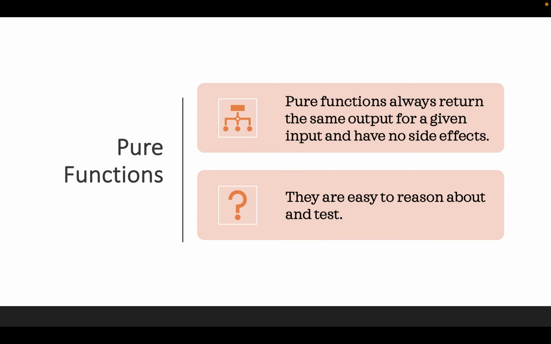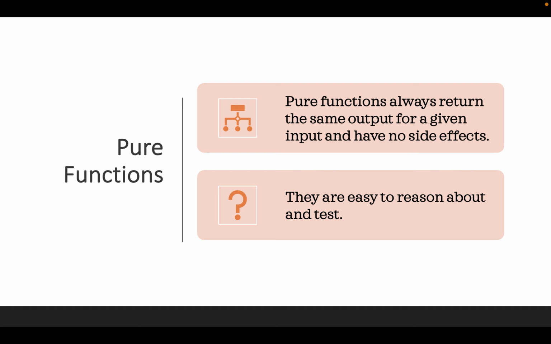Pure functions are functions that always return the same output for a given input and have no side effects. So it produces the same output for the same input at whatever time it runs. It does not depend on anything else.